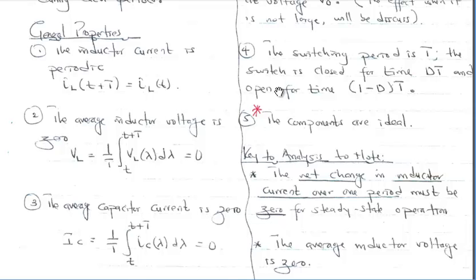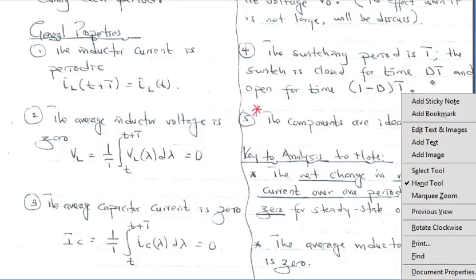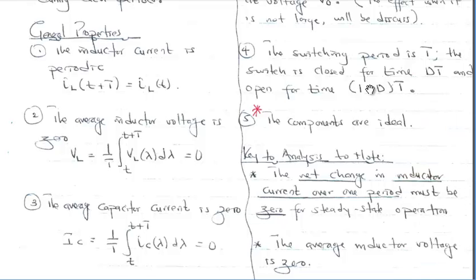The fourth one, the switching period is T, so we already mentioned that. So we are going to be switching the buck converter on and off. When the switch is closed, that time period is given by the duty ratio multiplied by the period, which is the T. And the time that the switch is open, that particular time period is given by 1 minus D times T. So those are the 2 time periods we need to take note of.